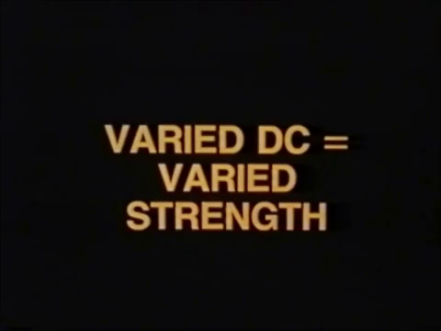By varying the magnitude of the DC current, we also varied the strength of the field. Direct current flowing in a field winding is termed excitation. The source of this DC current, or excitation, is called the exciter.